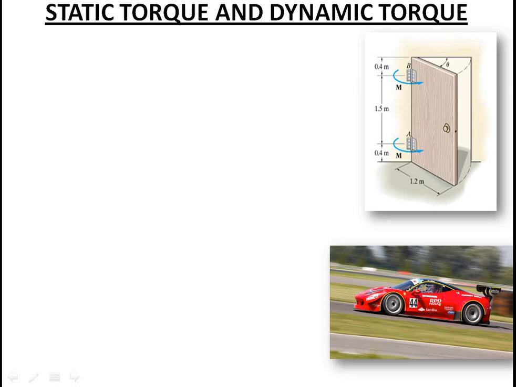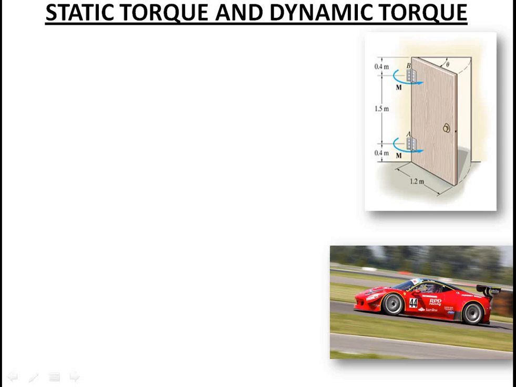One is static, which means the torque is constant. In the second case, the torque is dynamic, which means the torque is varying. When you open a door, what you are applying is a static torque. When you open the door, you are not accelerating it. You simply move the door with some constant angular velocity.